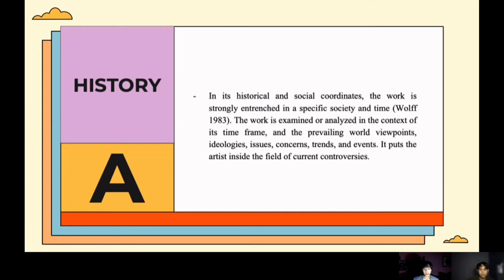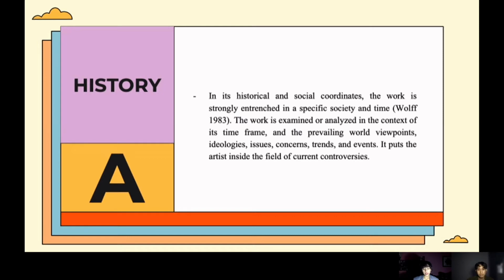In its historical and social coordinates, the work is strongly entrenched in a specific society and time. This was said by Wolff in 1983. The work is examined in the context of its time frame and the prevailing world viewpoints, issues, concerns, trends, and events. It puts the artist inside the field of current controversy.